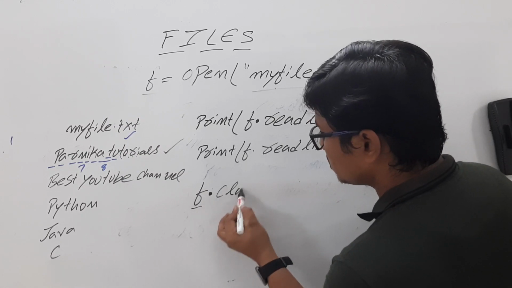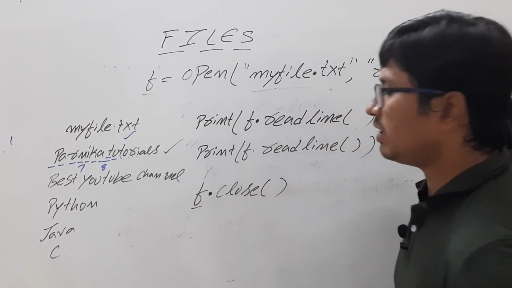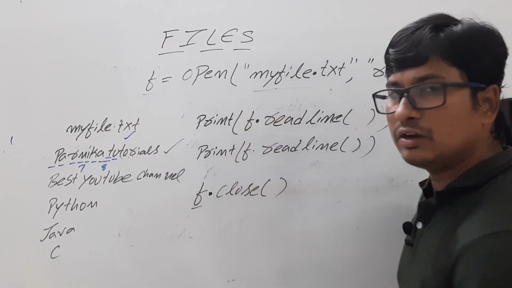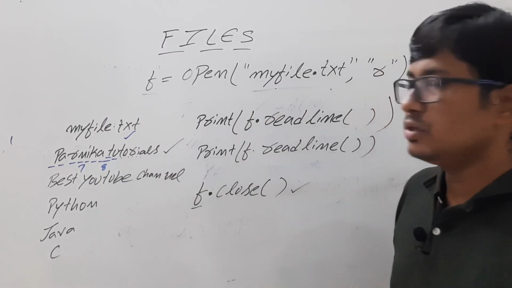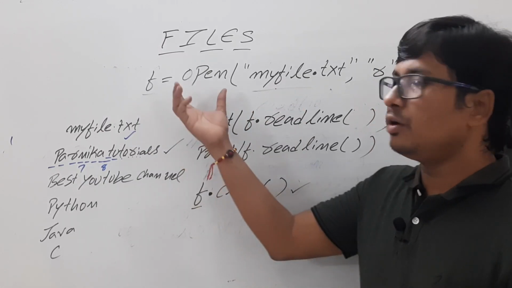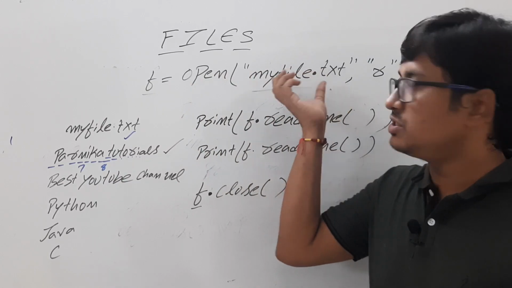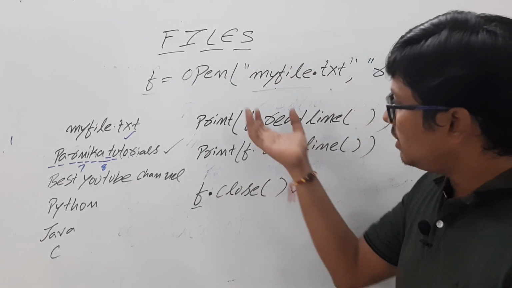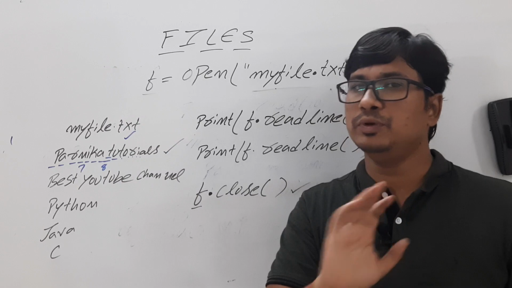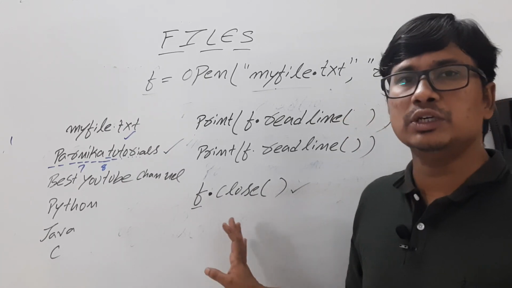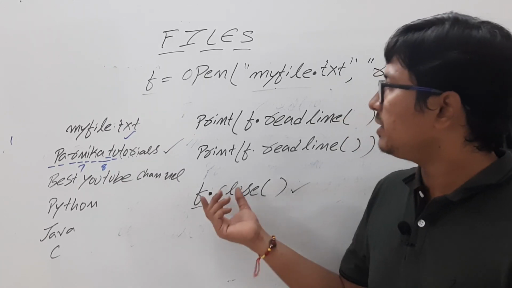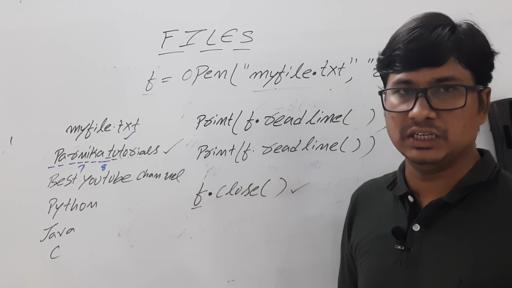Then you can use close. Then the file myfile.txt will be closed here. So you need to open the file according to your wish, with the file name and the mode. Then you can perform the operations you want, and it is your duty to close the file. I hope it is clear for you for the read operation.